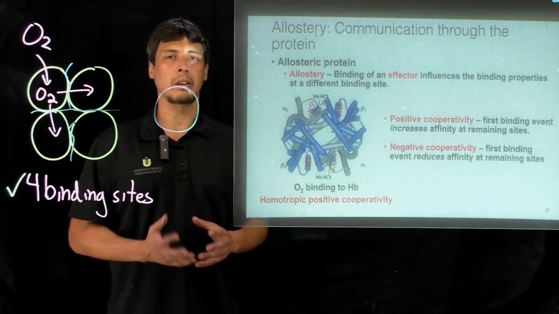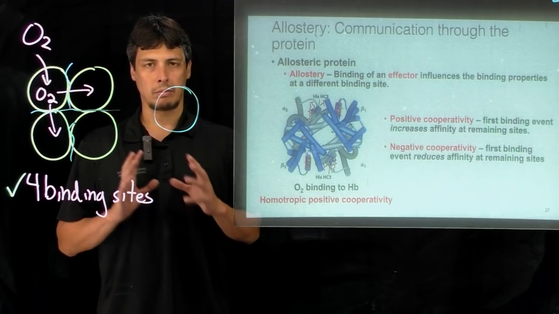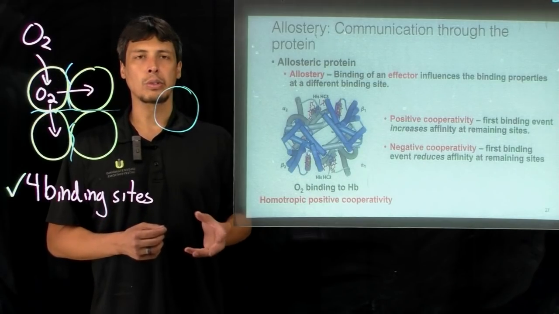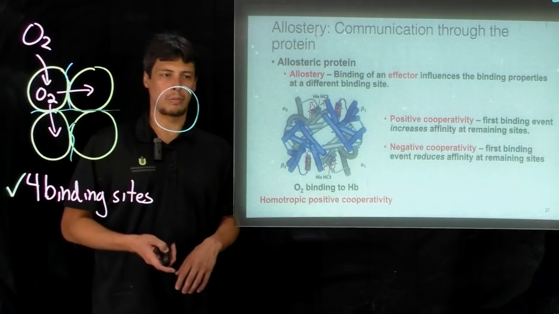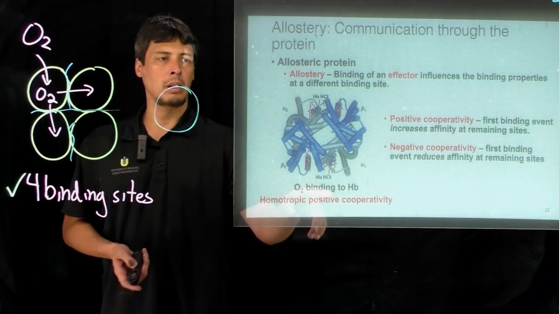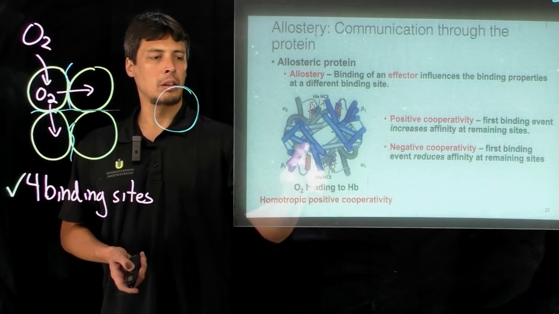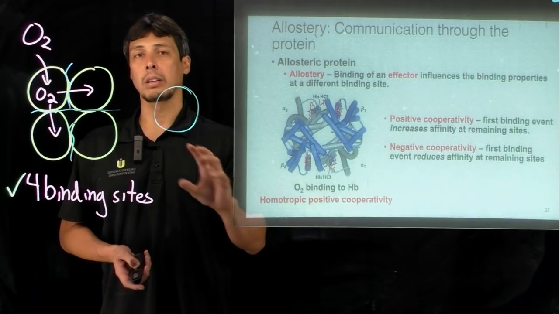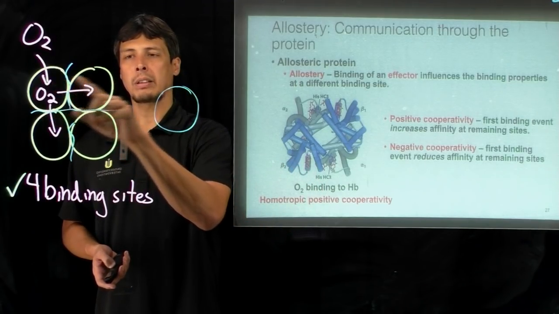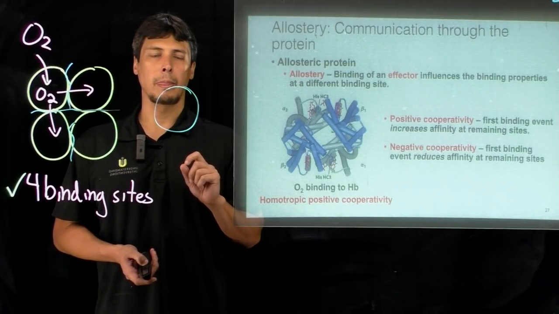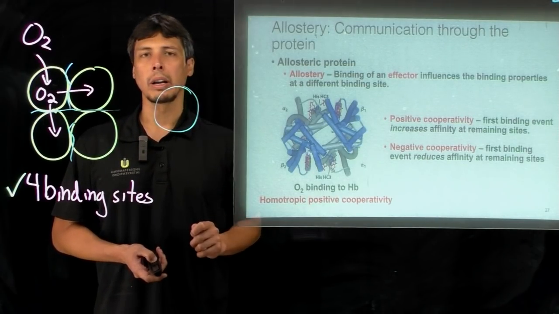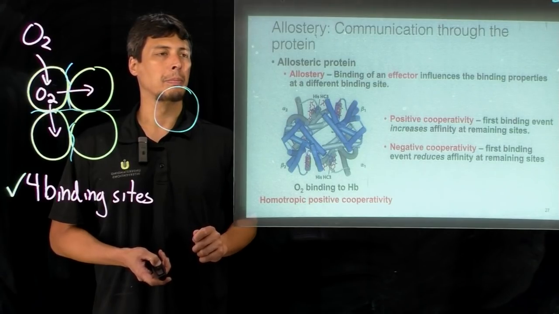And that's when binding of the ligand, the first binding event, reduces the affinity at the remaining sites. And so for O2 binding, we exhibit positive cooperativity because when O2 binds to the first site, that increases the affinity of O2 for the other O2 binding sites in hemoglobin.